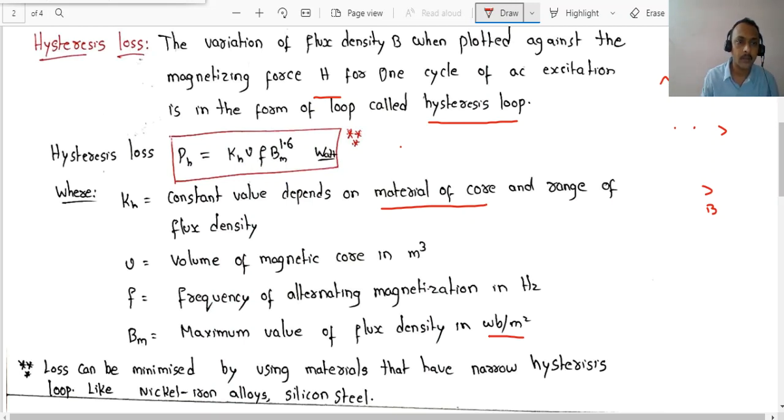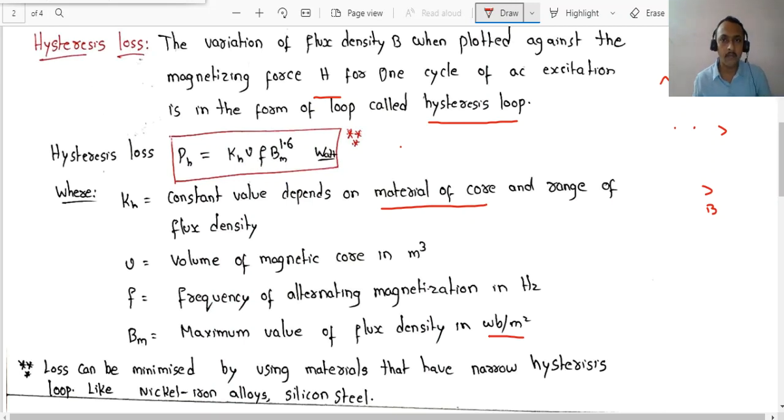Now, how can we minimize this hysteresis loss? This point is also very important. They will ask what are the different methods to minimize the hysteresis loss. It can be minimized by using materials like nickel iron alloys or silicon steel, so that they will have very small area under the BH curve.